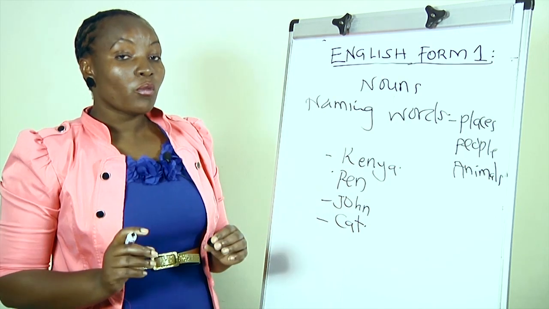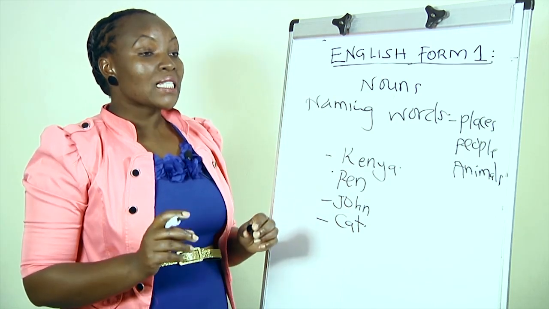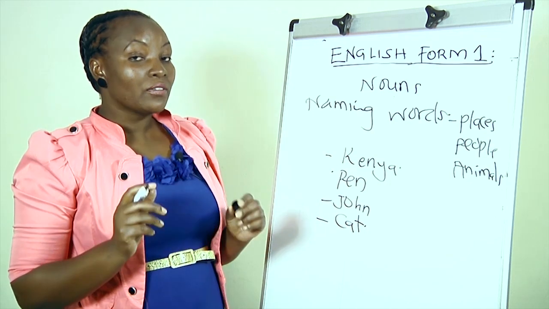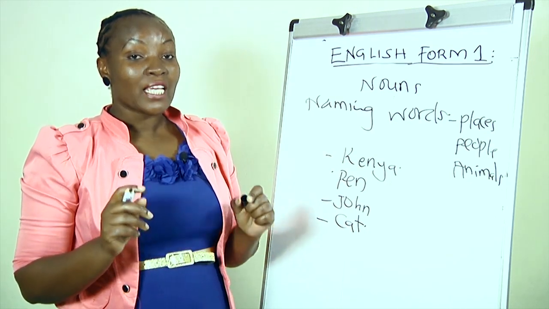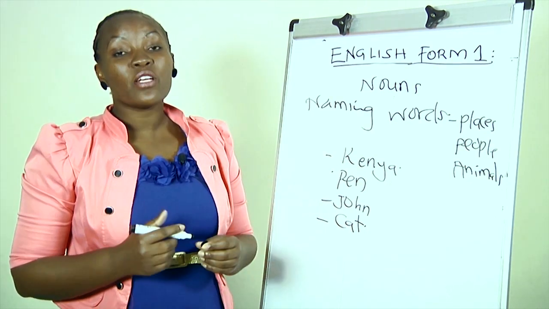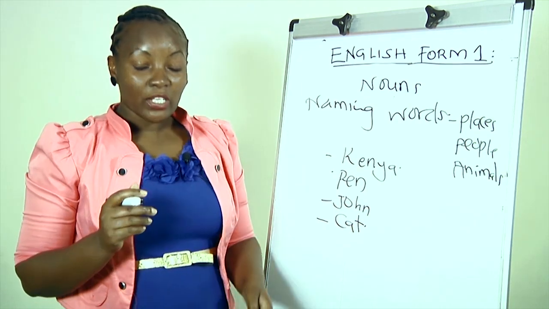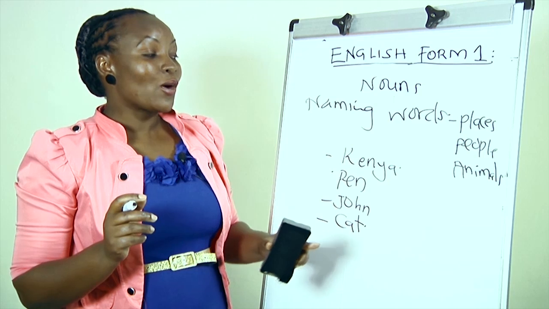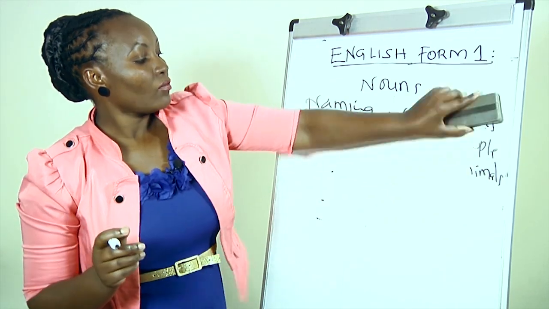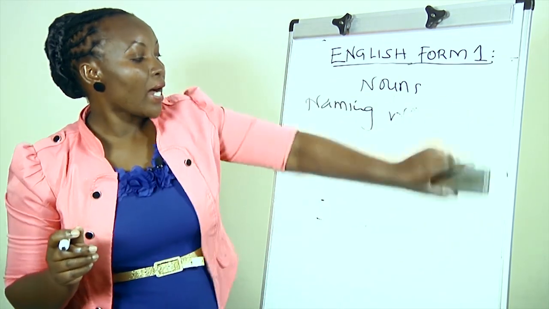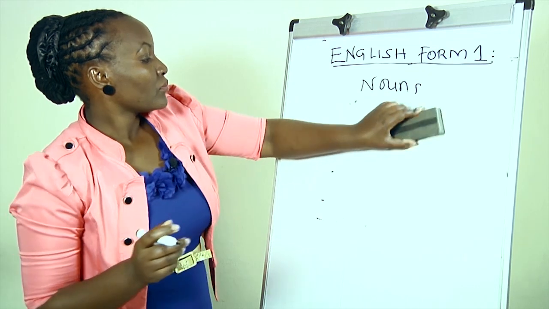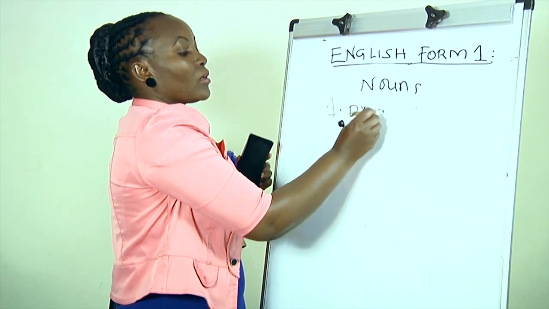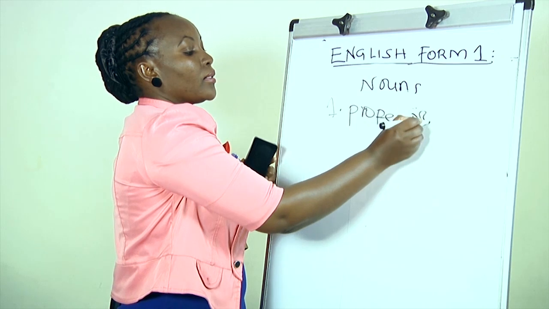So when we talk about nouns, we are talking about ones that give names. Whenever we are forming sentences and we give a name, then we are talking about nouns. But nouns are of various categories, and that is our interest today. We are going to look at various categories of nouns. One of the major categories we have is proper nouns.